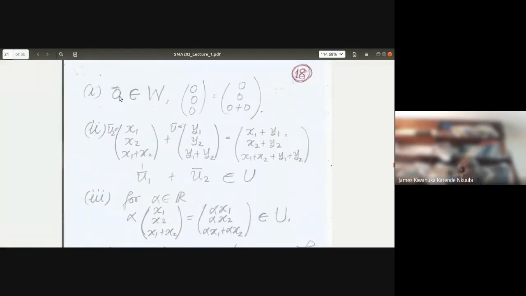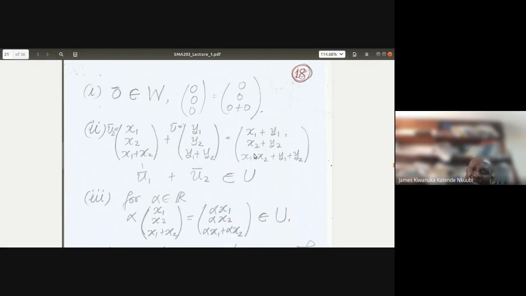Clearly the zero vector is in W because it satisfies the property that the third component is the sum of the first two. So the zero vector is definitely in the set W. Now, if you pick any two vectors in W, say U1 and U2, and add them, then we end up with x1 plus x2, y1 plus y2, and after some rearrangement the third component is x1 plus x2 plus y1 plus y2.